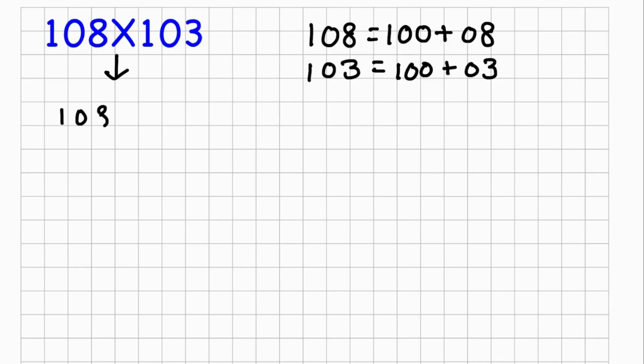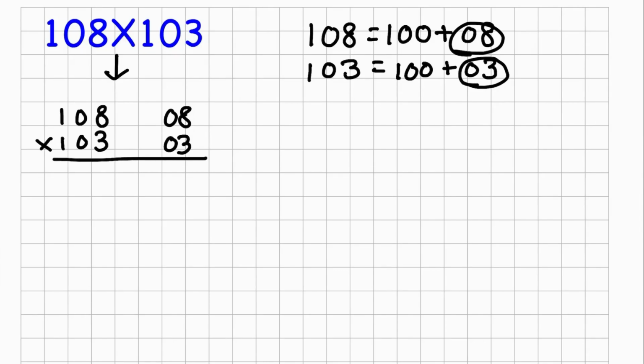Now we write the question like this. Write this 08 over here, and this 03 over here. Now multiply 08 and 03 to get 24.